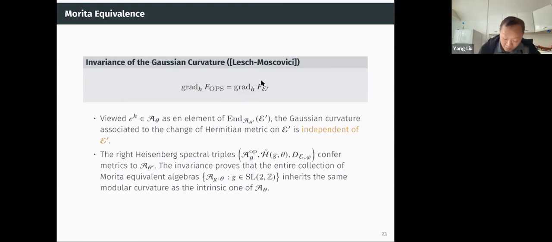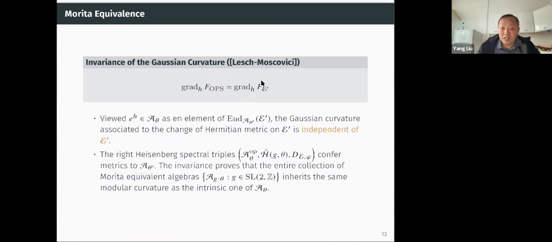And the other observation is that this conformal change of metric on A theta somehow confers a metric on A theta prime.